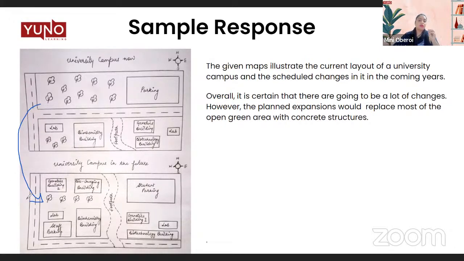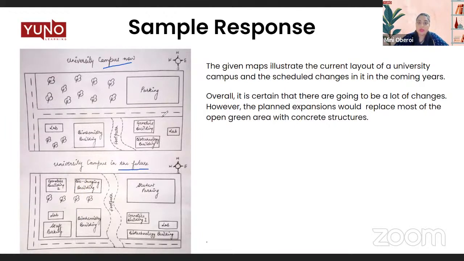So the choice of words also has to be correct. If I say eliminated in future, that will be incorrect. You'll make a blunder again. We can see that there are some green lands, right? And of course, there are more concrete structures in future, right? More structural development.